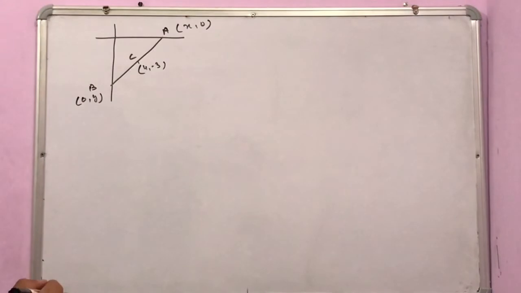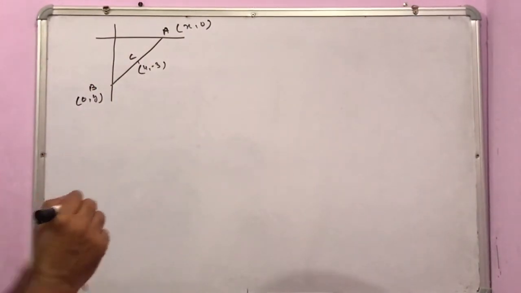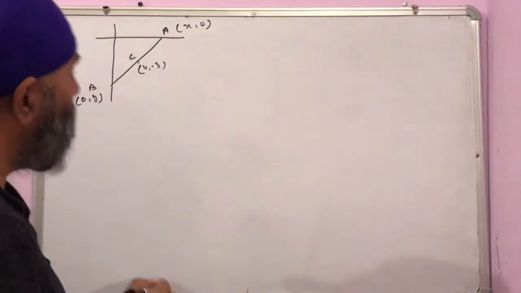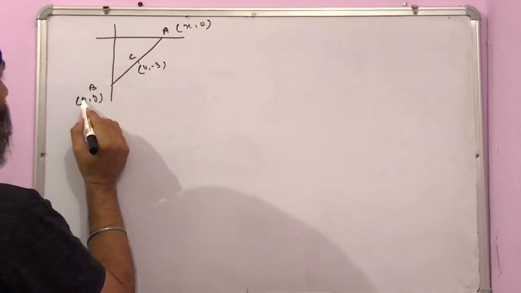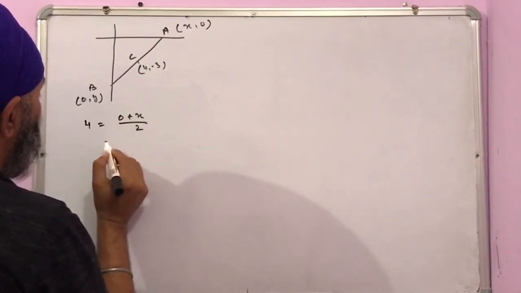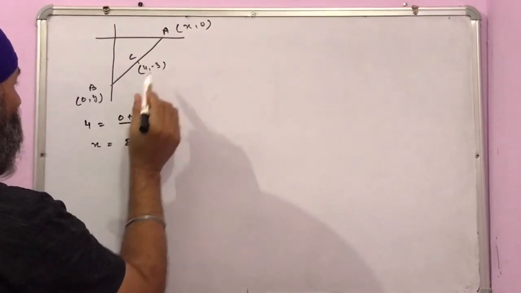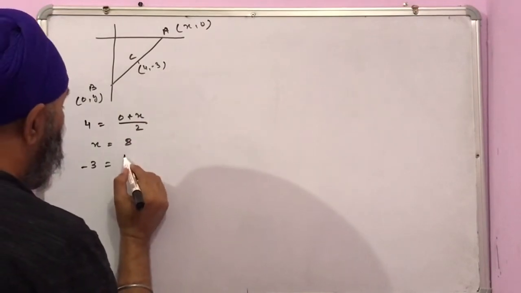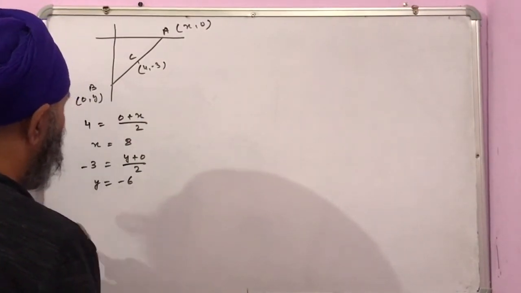One more question I do, because this type of question is important. So C is midpoint. I have to find the coordinates of A and B. So it is very much easier. 4 is equal to 0 plus X upon 2, cross multiply, X is 8. -3 is equal to Y plus 0 upon 2, so Y is -6.